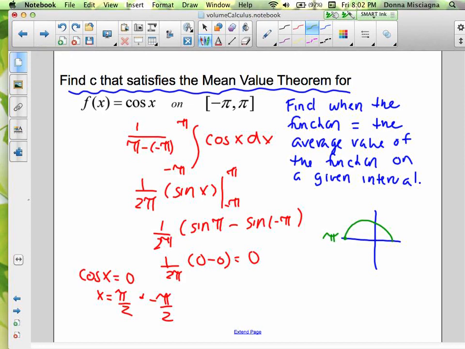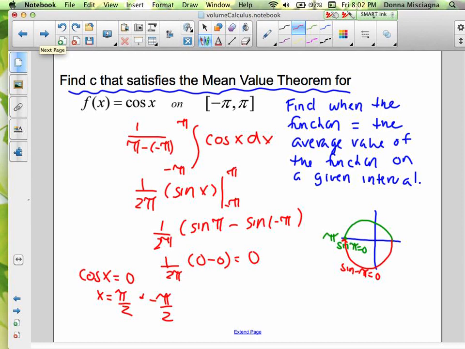So sine here is 0. And negative pi just goes that way, and it's also 0. So we have 1 over 2 pi times 0 minus 0, which is 0.